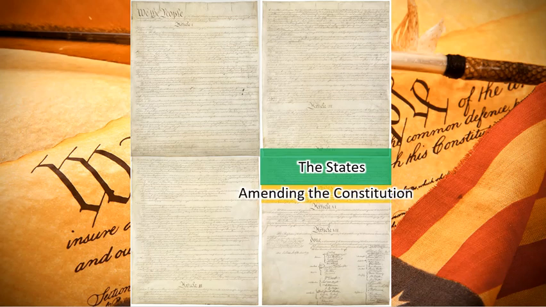Then in Article 5, it describes the process for amending the Constitution, that 2/3 of states are required to propose an amendment, and then 3/4 are required to approve of that amendment, to ratify that amendment.